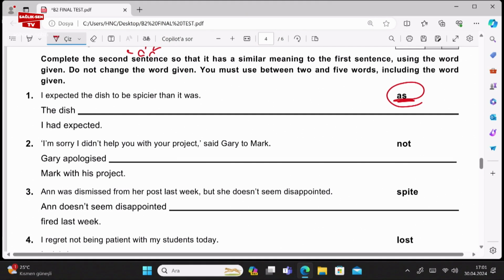So I will say the dish wasn't as spicy as I had expected.